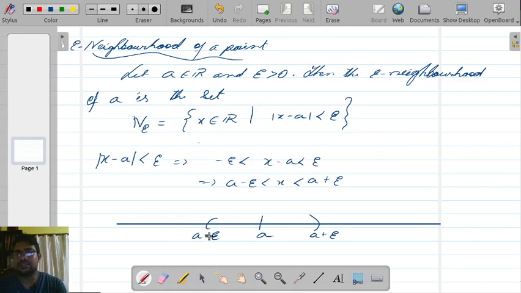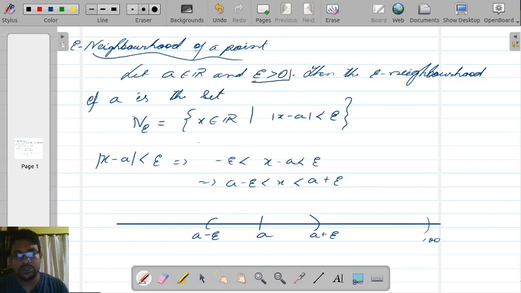Near means in the sense that the distance of those points from a is less than epsilon. Now, epsilon could be something like 100 also. So, suppose a is 0 and epsilon is 100, then this neighborhood will be all the numbers from minus 100 to plus 100. So that's a large set. It's not necessary that epsilon is always a small number.